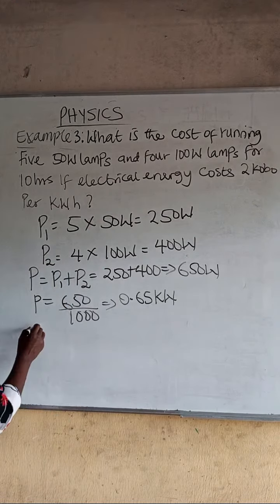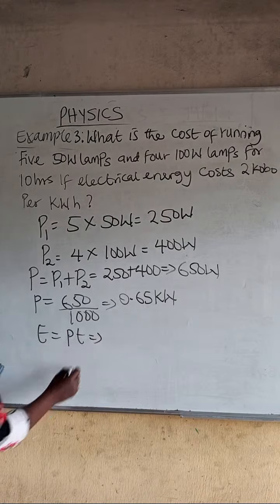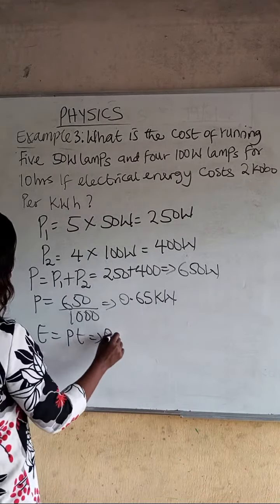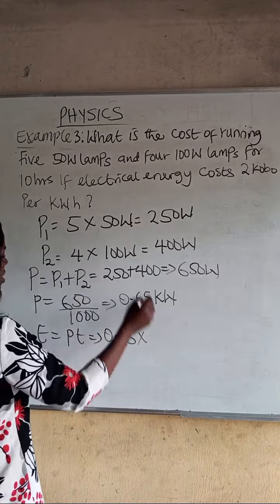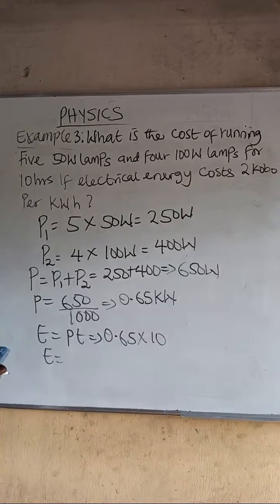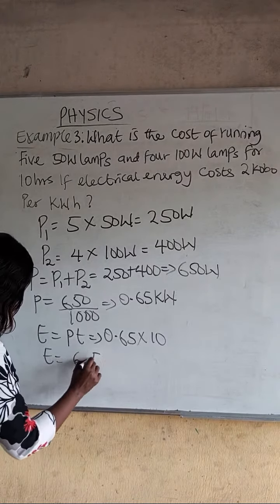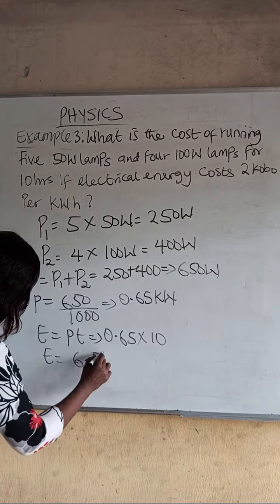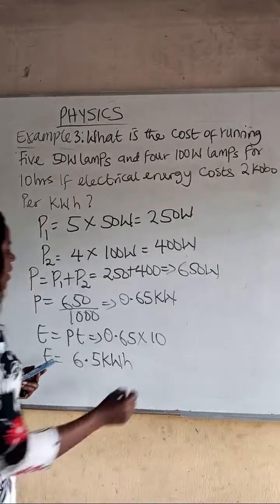Now the energy consumed is power times time. What is my power? 0.65 times my time, which is 10 hours. I'm going to have 6.5 kilowatt hour, right?